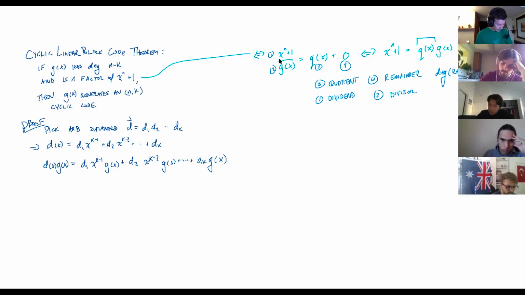And what I'd like to do is keep track of the degree of all of these terms. So let's check the degrees of each of these terms.